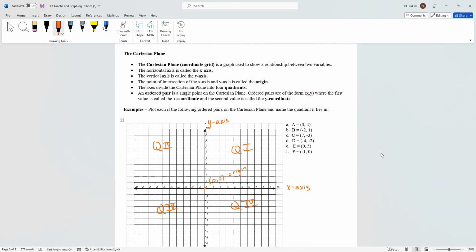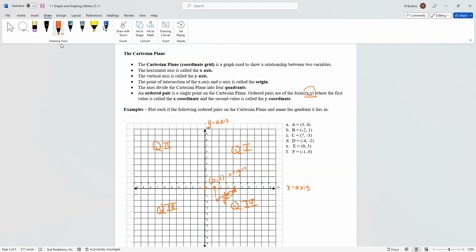Okay. Now you notice the origin here I put as parenthesis 0, comma 0, parenthesis, right? Well, that we call an ordered pair. And that's a set of x and y, right, you see here.